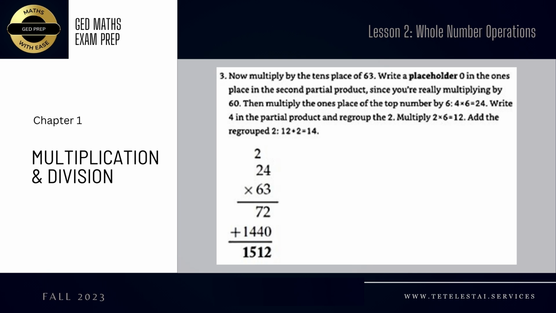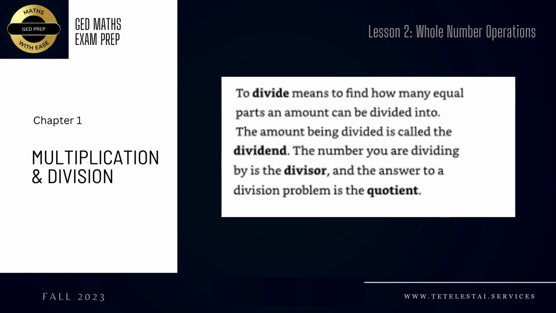So now on to division. To divide means that you need to find out how many equal parts are in a given amount. Or put it differently, how many equal parts in a given amount can you get from dividing the divisor, which is the number on the bottom of your division line, into the dividend, which is the number above your dividing line.